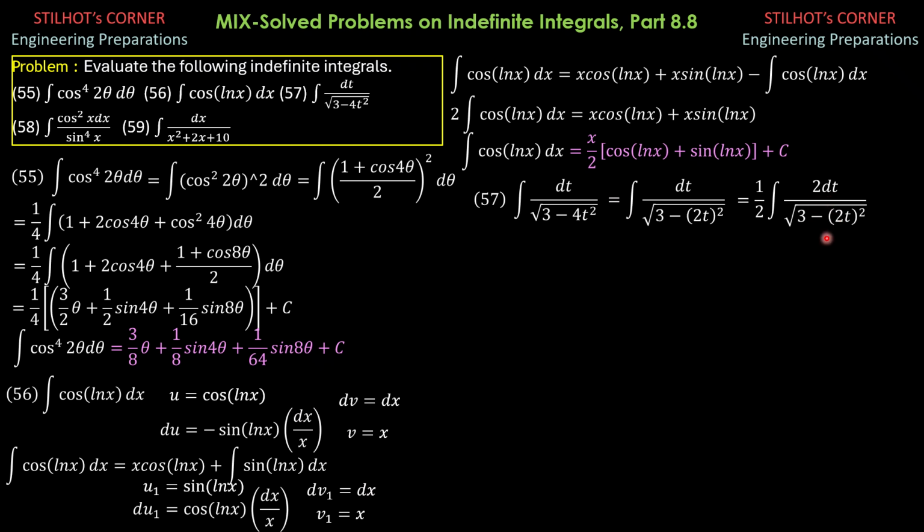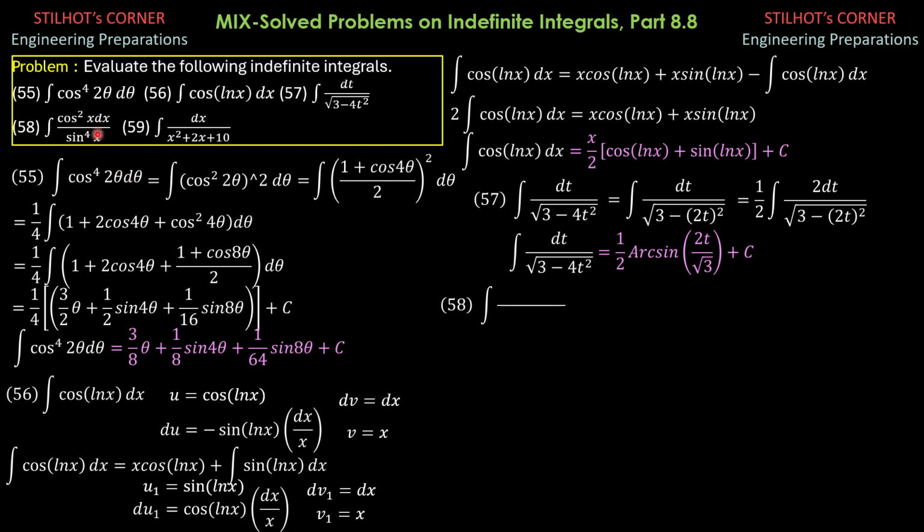So this integral is in the form integral of du over square root of a squared minus u squared, which is arc sine, and a is square root of 3. Therefore the answer is 1 half arc sine of 2t over square root of 3 plus c. So that's it. Then we proceed to problem 58.